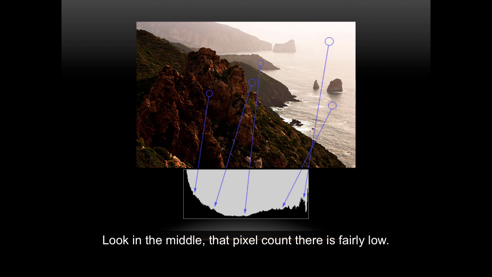Look in the middle. That pixel count is fairly low. There's not a lot of pixels in the middle. So we can read it and say there are very few pixels in that midtone area, plentiful shadow regions, and plentiful highlight regions.